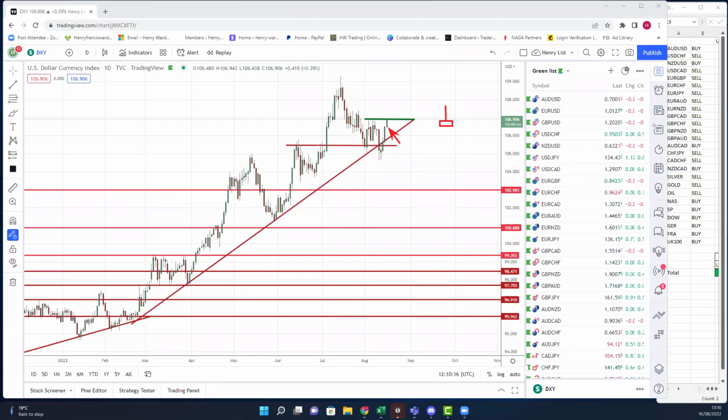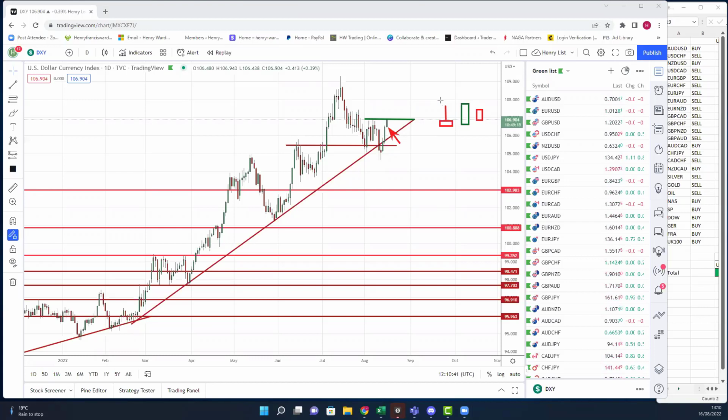Now, there is another scenario that may happen here. Change that to green. We may get this, and the bar finishes as it is now. We then may get this, and that would be an inside bar.